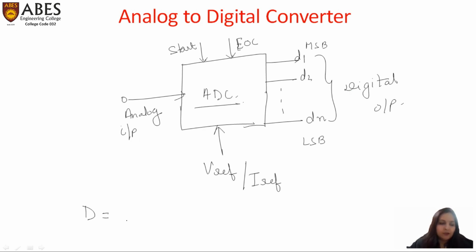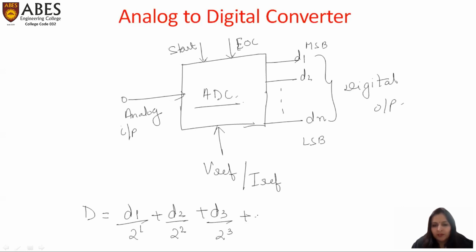Then we calculate a value D, which is actually D1, that is the MSB, upon 2 to the power 1. Then we have plus D2 upon 2 to the power 2, D3 upon 2 to the power 3, till Dn upon 2 to the power n.